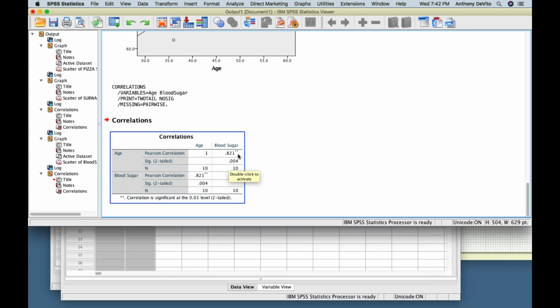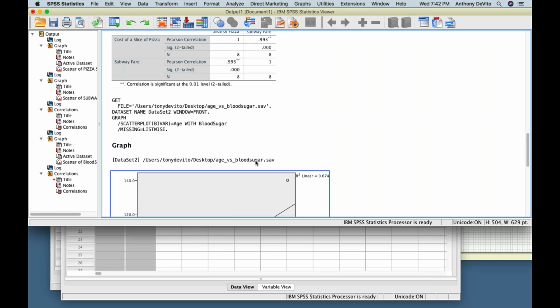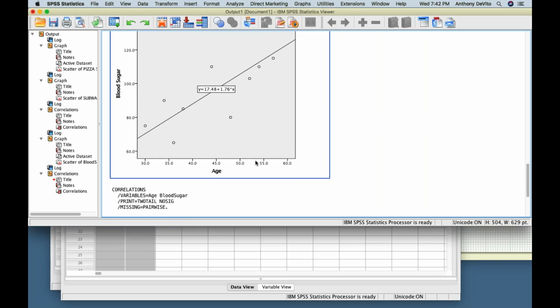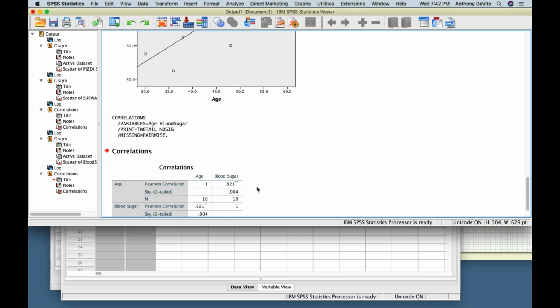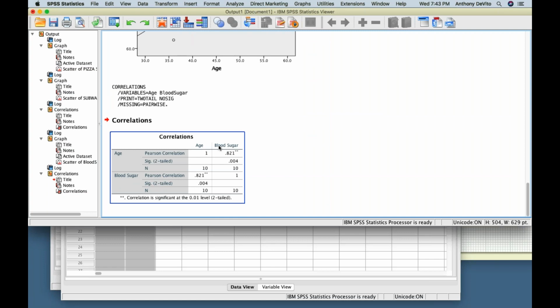I can reject my null hypothesis that rho is equal to 0, in other words, that there's no association between these two variables. So right off the bat, I've learned something about these variables. I visually looked at how they are associated, and I've also numerically shown that there is a positive real correlation between these, at least within the limits of our statistical test.